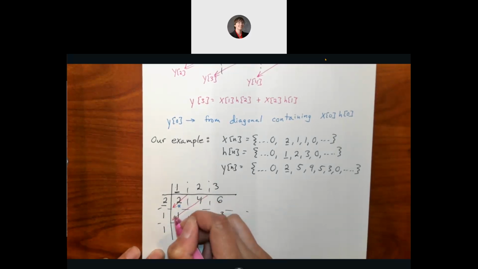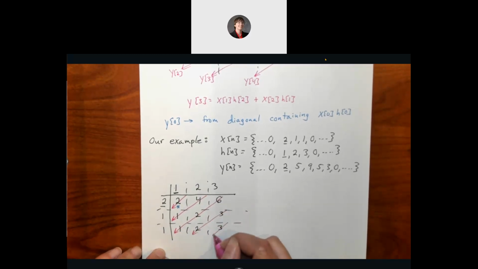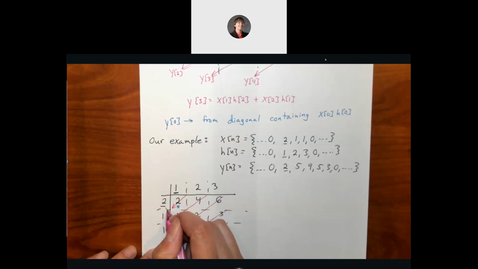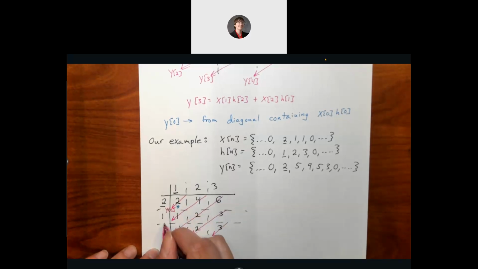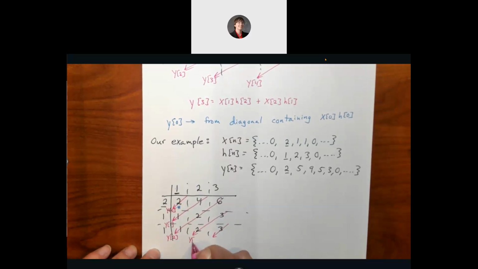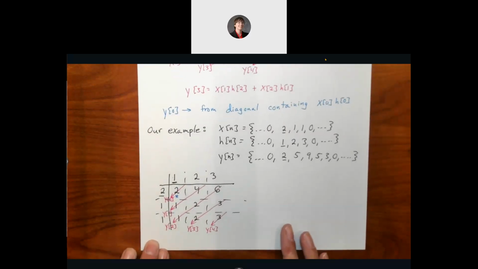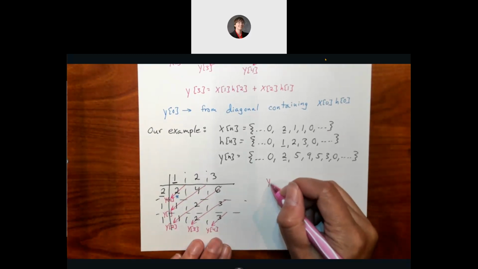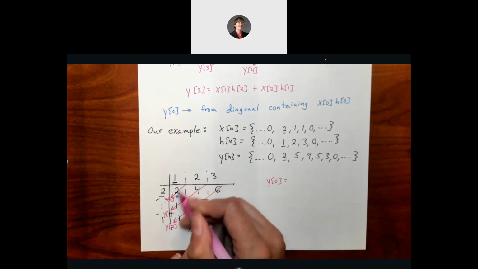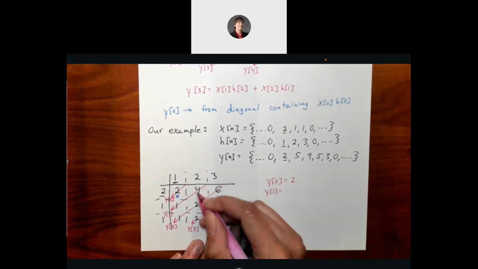And so from this array, I can add up my back diagonals. And I know, since this is my reference point, that this is y0, y1, y2, y3, y4. And so now I can see here my y[0]. The only element there is 2.